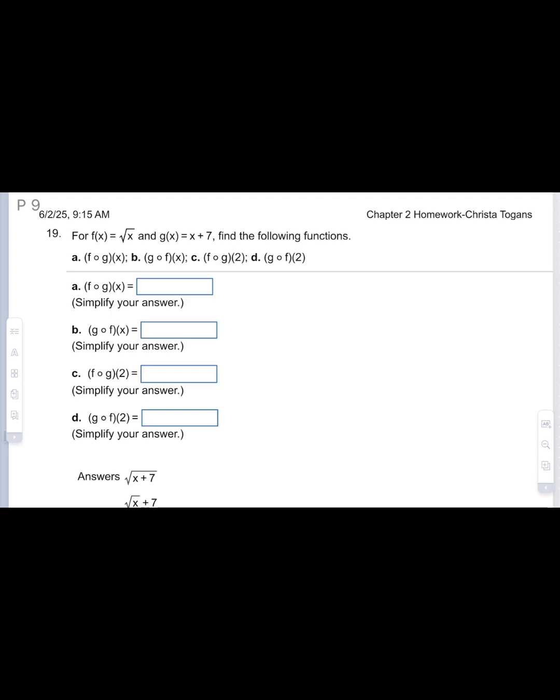And then you do the same thing here. This one is actually a lot simpler, I think, because you take x plus 7 and you just plug it into f. So everywhere you see x is where you plug that in. And you do the same thing with g circle f.